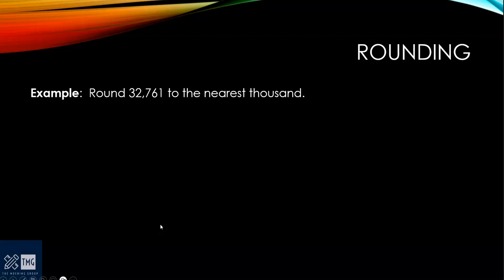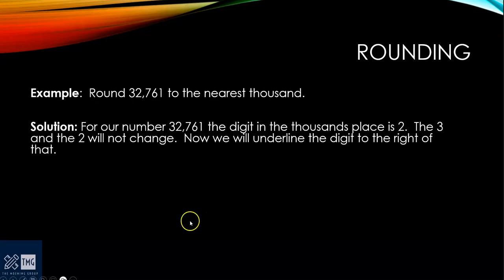All right, let's look at some examples. We're going to round 32,761 to the nearest thousand. The first idea is, what number is in the thousands place? For our number, the digit in the thousands place is the 2. So the 3 and the 2 will not change, right? That number and the numbers to the left stay the same. We're going to underline the digit directly to the right of the 2, which in this case is 7.